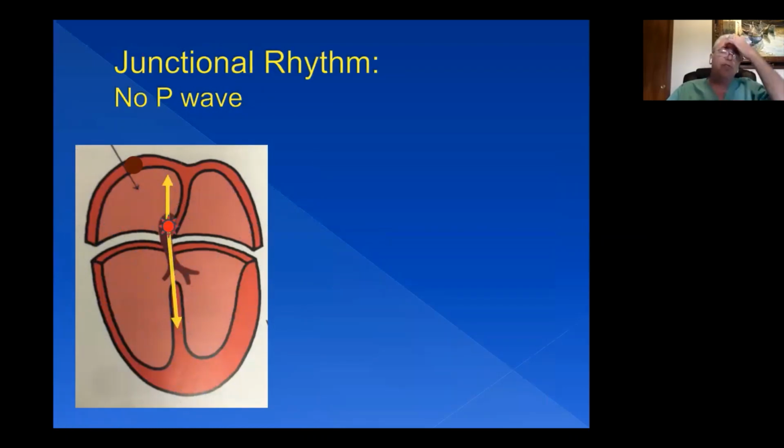Junctional is the third option when you have supraventricular rhythm, and that's easy to figure out. If you're coming from the AV node area or from the junctional area, you will be going up and down at the same time. So the P wave will be hidden behind the QRS or shortly after the QRS. We learned a lot of times that when you see a negative P wave before the QRS, that's junctional.